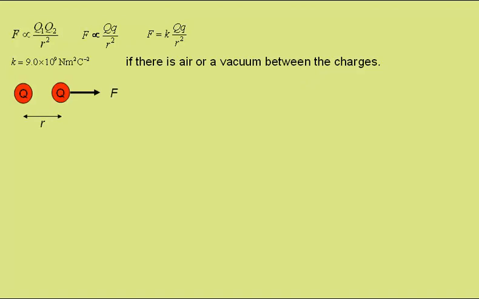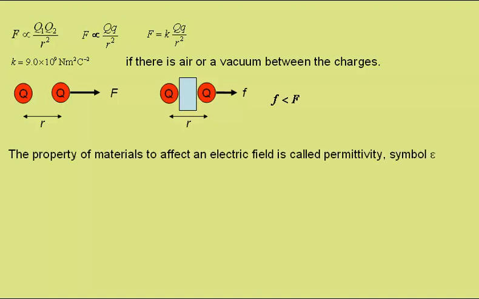Just to illustrate this point, here again we've got our two charges a distance r apart, and I'm showing the force F on the right hand charge. If we were to place another material between the two charges, we'd now have a smaller force between them. The property of materials to affect an electric field is called the permittivity and is given this symbol.